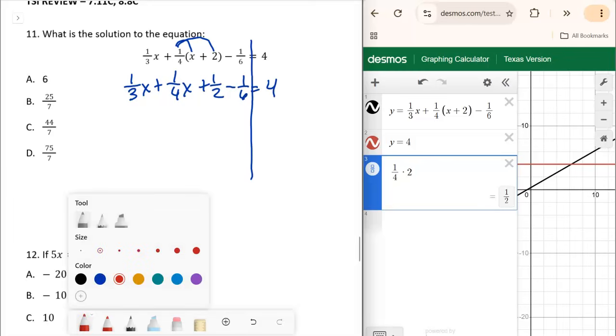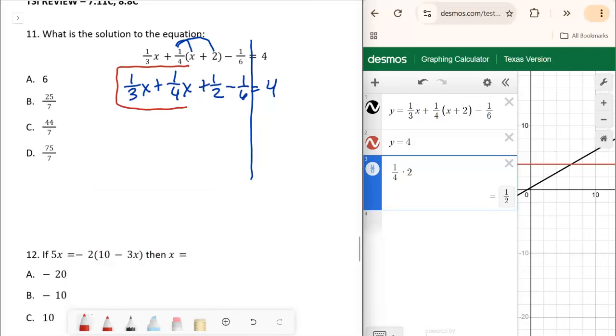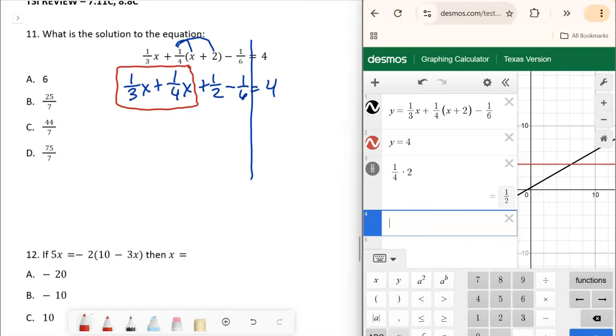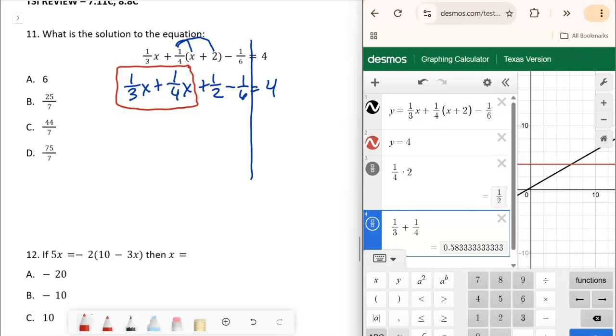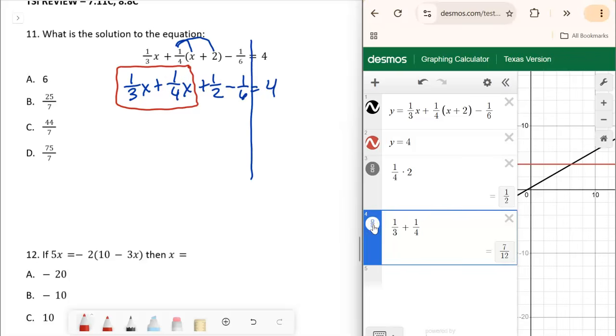Step number 2 is to combine like terms. I can combine those two. So in Desmos, you type 1 divided by 3, arrow over, plus 1 over 4, and hit the fraction button. The fraction button's right there. And that gives you 7 over 12x.